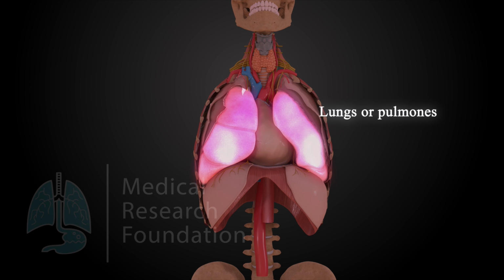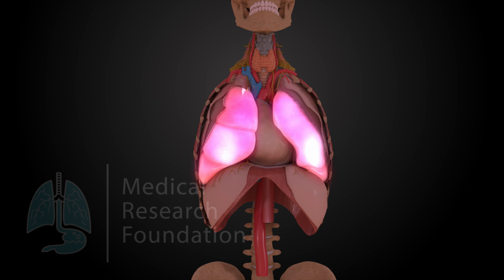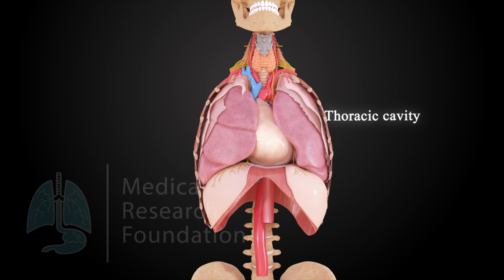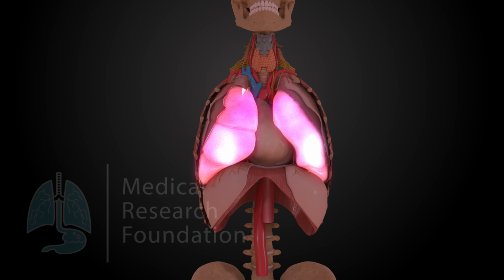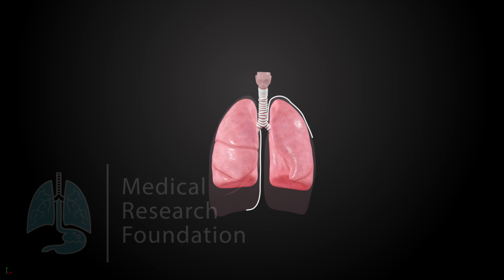The lungs, or pulmones, are the principal organs of respiration. The two lungs, right and left, are situated in the thoracic cavity, one on either side of the mediastinum, enclosed in the pleural sac.